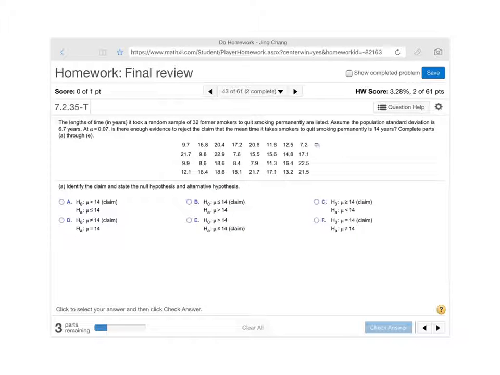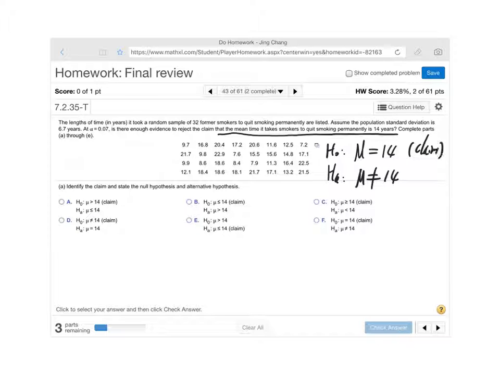Okay, for this problem, we have to first figure out the hypotheses, and that's from the question. So let's read the question. The claim is that the mean time to quit smoking is 14 years. So H0 is about the mean being 14, and then HA will be two-tailed, meaning not equal to 14, and this is my claim.